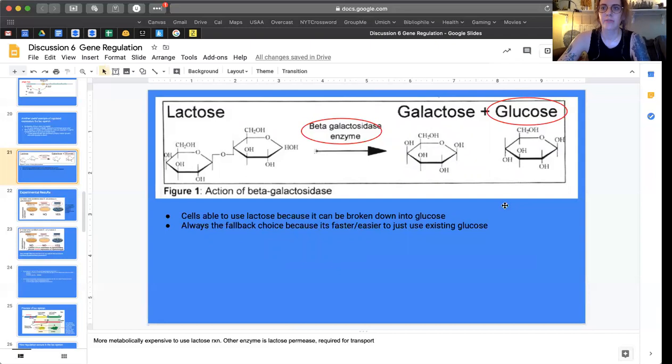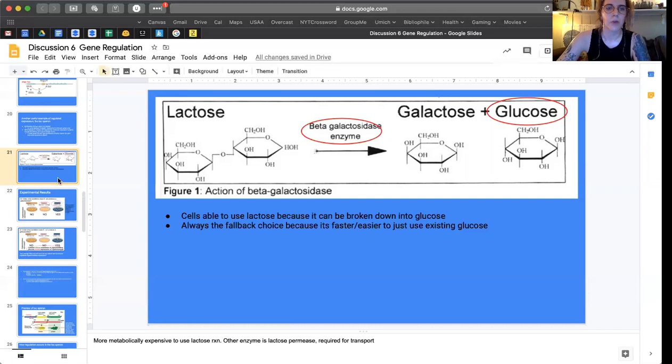If we already have free glucose available, it's going to be faster and energetically easier to use the glucose directly rather than go through this extra step of synthesizing these enzymes and then doing this reaction when you're just creating the same product that you already have. So that's why you would only ever get this reaction happening if the glucose has been depleted.